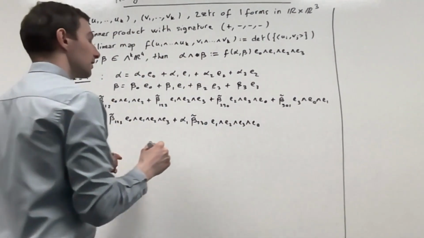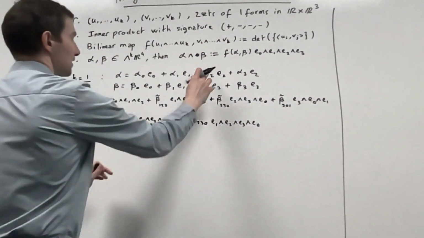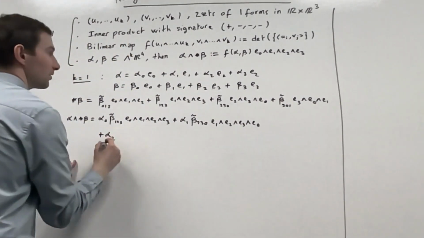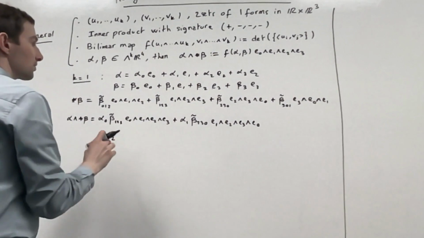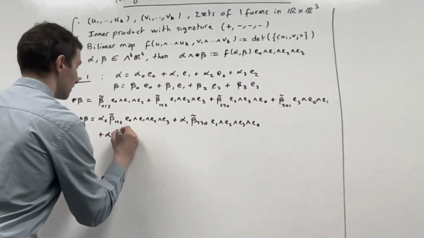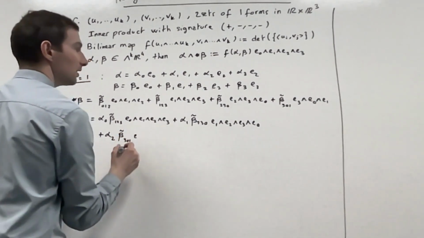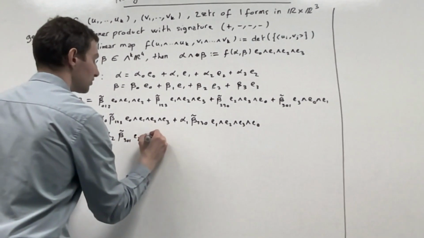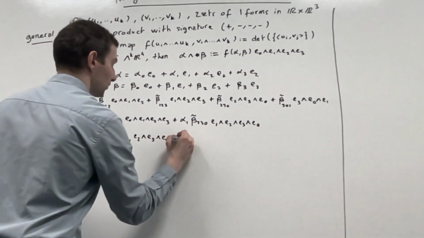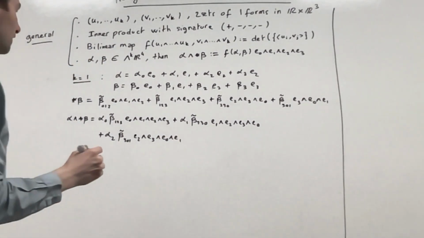Okay, and then we are going to have plus alpha 2. For alpha 2, we need something that doesn't contain E2, so that's this one. So that's beta tilde 3, 0, 1, and then that's going to be E2, wedge E3, wedge E0, wedge E1, and then plus alpha 3.